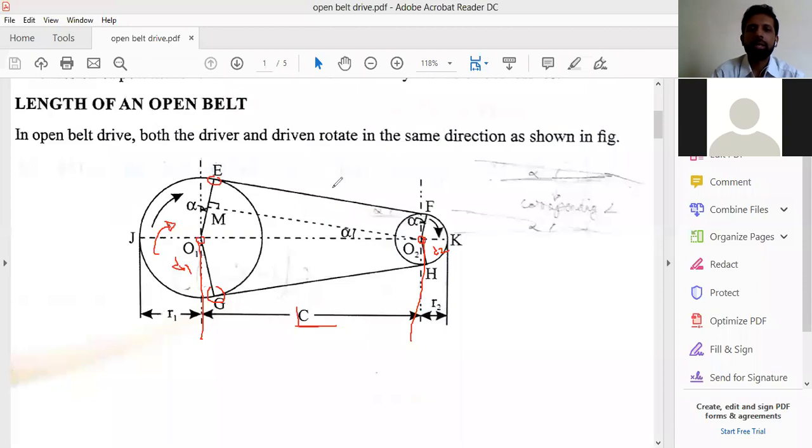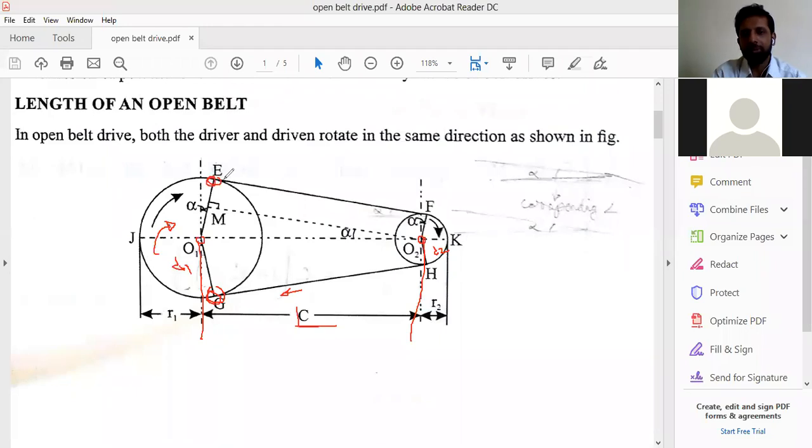Then it is going to pull the tight side of the belt, that is the GH side. The belt comes in contact with the pulley circumference at point G, and from there onwards it is in contact with this pulley D1 up to the point E.